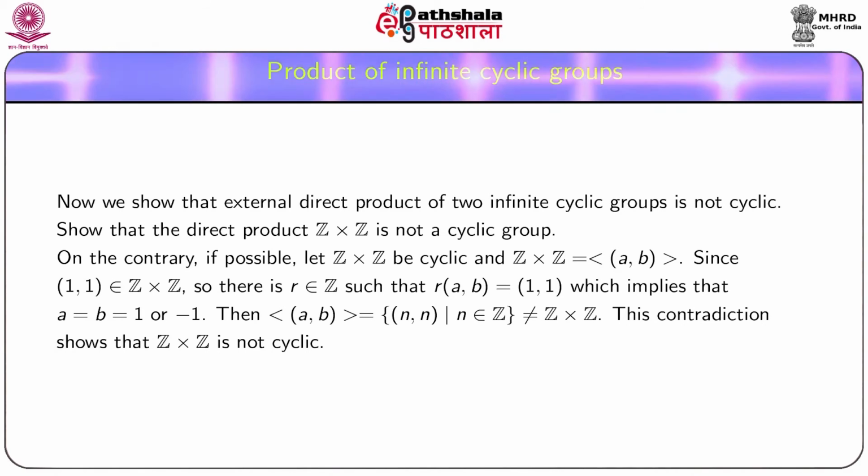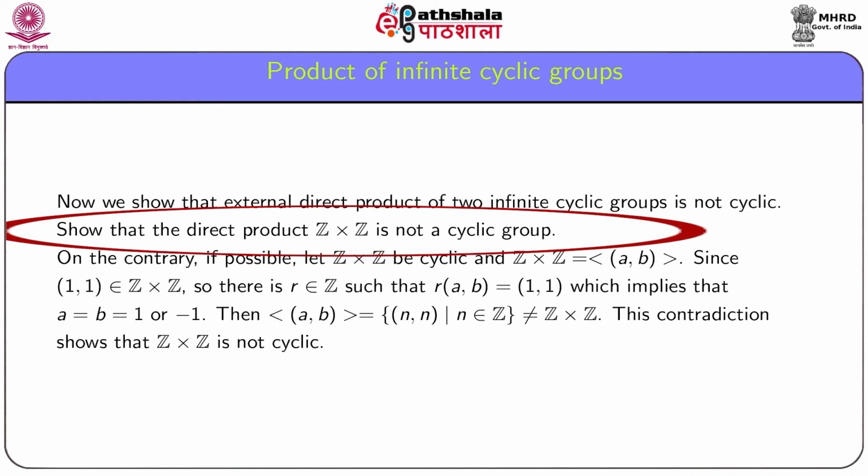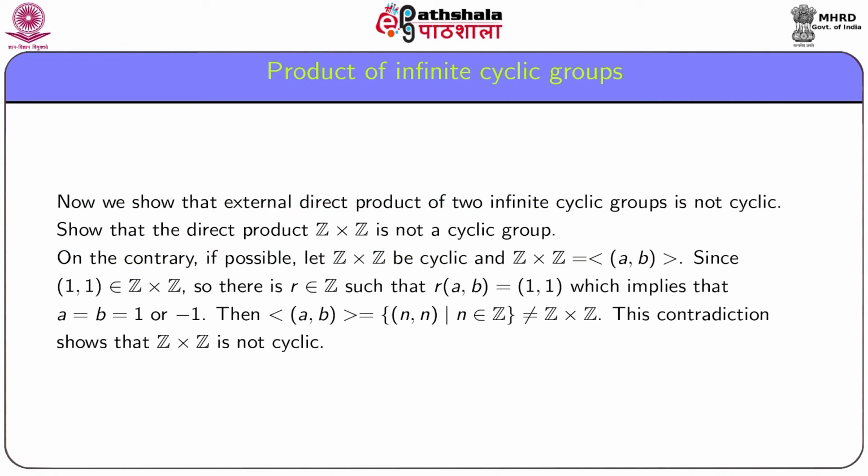Here we show that the product of infinite cyclic groups is not a cyclic group. Recall that every infinite cyclic group is isomorphic to Z. So, it is better to consider Z cross Z. We show that Z cross Z is not a cyclic group.